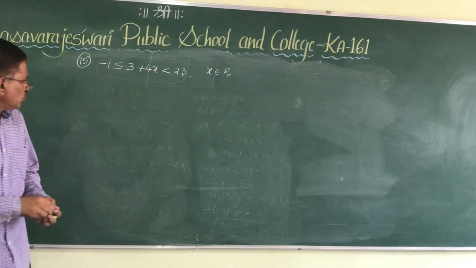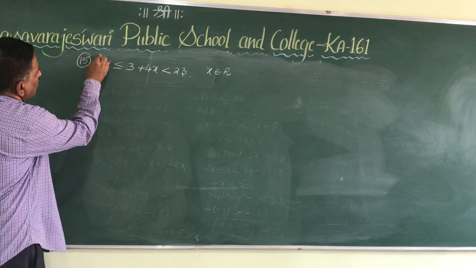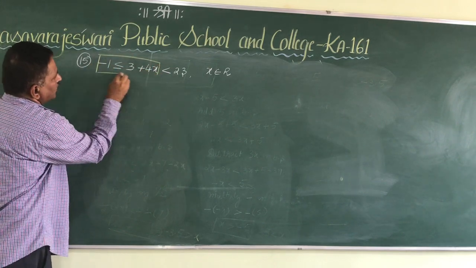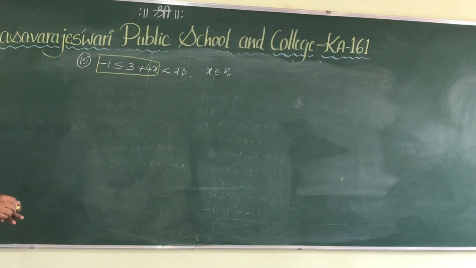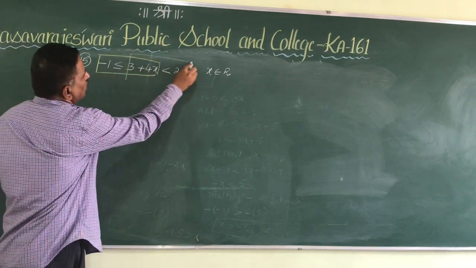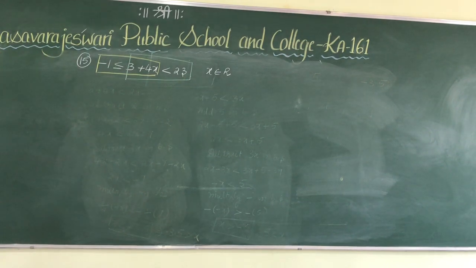Again, we get two parts. So, that is minus 1 less than or equal to 3 plus 4x. This is one part. Then the next part is 3 plus 4x less than 23, which is another part. So, you have to solve them separately, then find the value of x, then represent it on the number line.